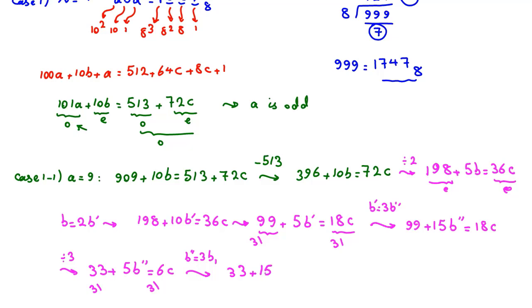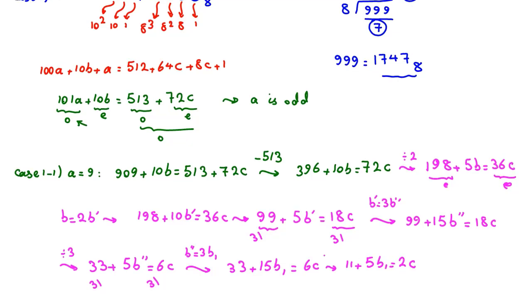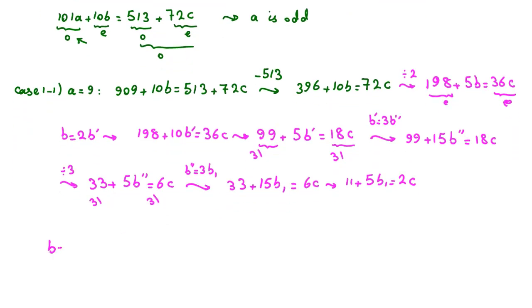So 33 plus 15b1 equals 6c, so 11 plus 5b1 equals 2c. Let's review what we reached. b was 2b prime. b prime was 3b double prime, so b is 6b double prime. b double prime was 3b1, so b is 18b1.